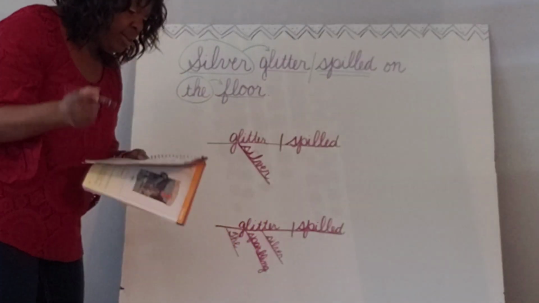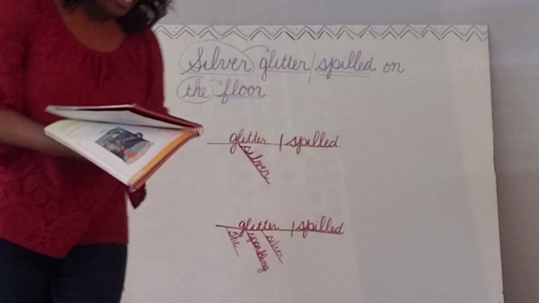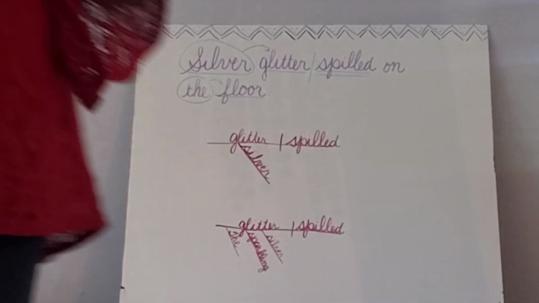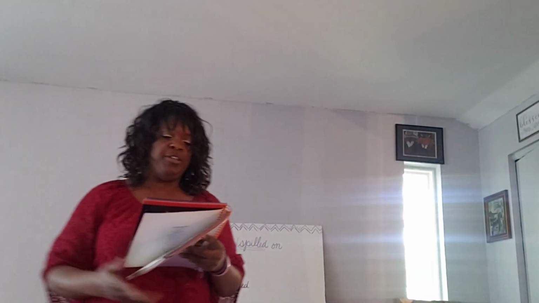So on page 149, it's diagramming subjects and verbs and adjectives. When you do that, your adjective is going to go under the subject. So look at the box.